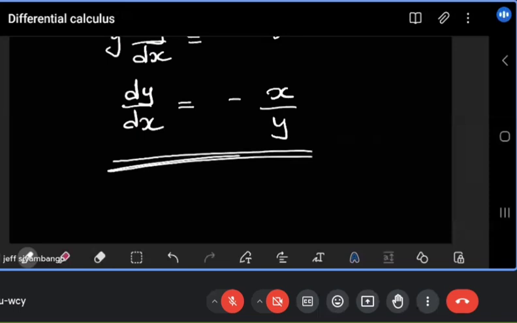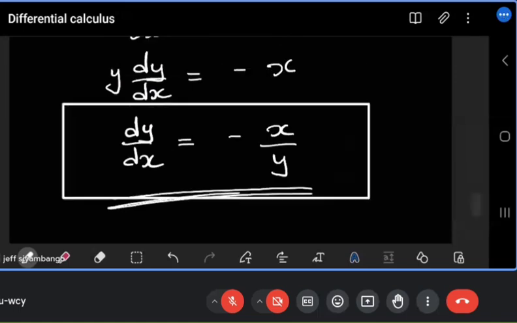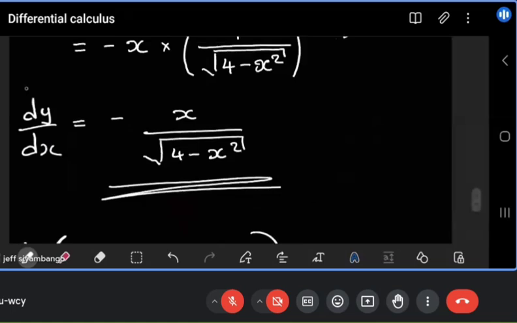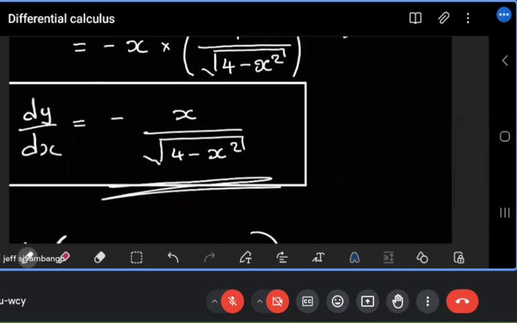So 2 questions for you guys. Question 1: are the solutions the same? Implicit, we found this. Explicit, we found this. Are they the same?